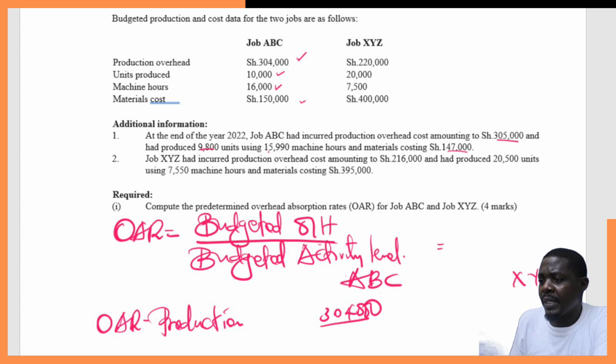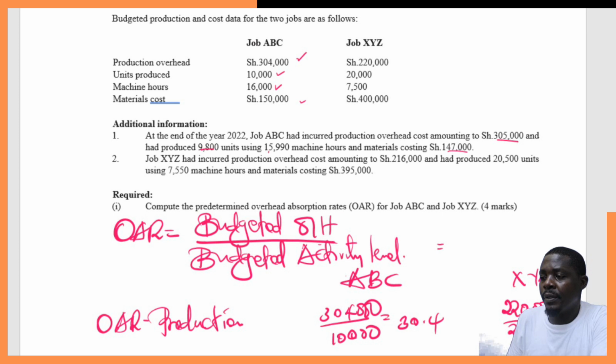And for this one, we are going to have 220 divided by 20,000. Here you should be getting 30.4. What about that side? 2200 divided by 20, you have 11. That is the overhead absorption rate.